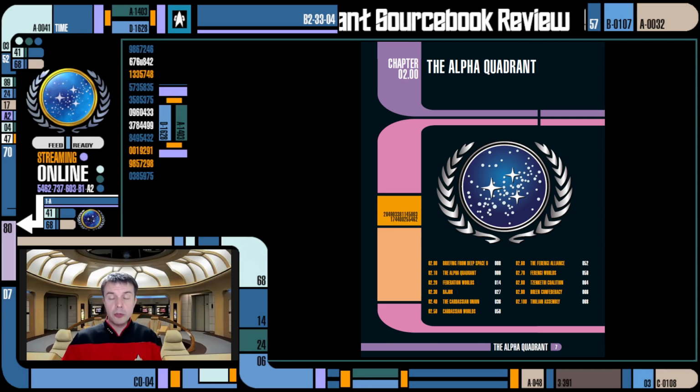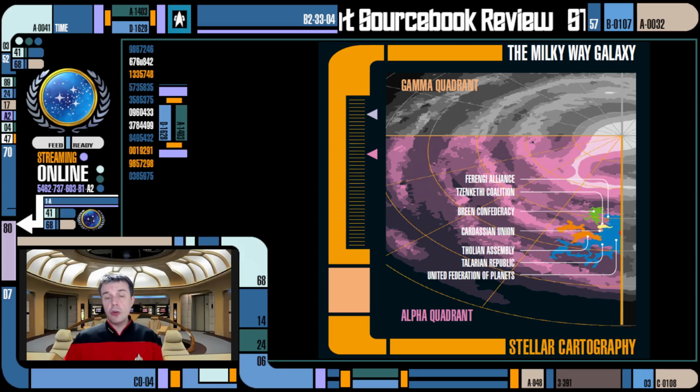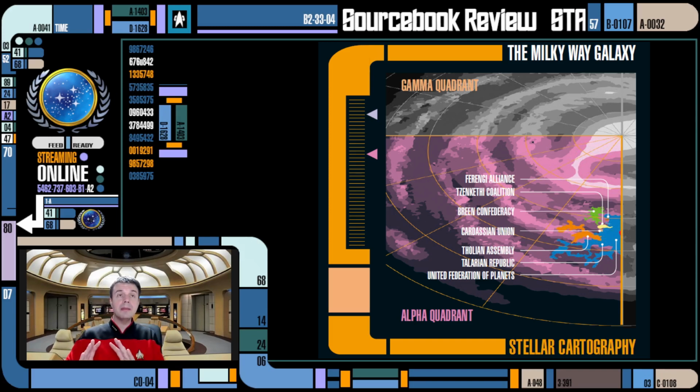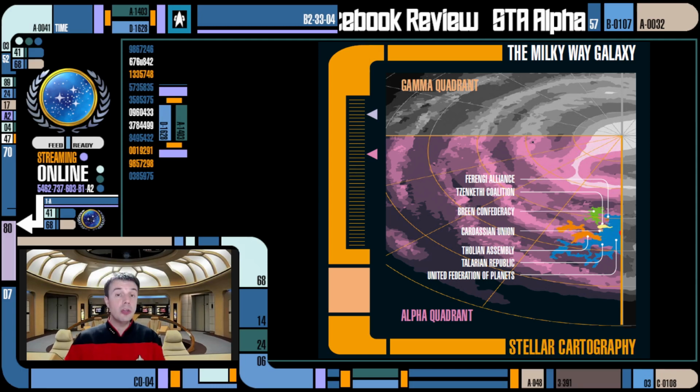So looking at Chapter 2, Chapter 2 is the Alpha Quadrant chapter. This is going to go through the history and the surrounding events that concern everything following the discovery of the Bajoran wormhole at the beginning of Deep Space Nine, the Klingons' withdrawal from the Khitomer Accords, details on the Dominion as they are appearing at this time, and what we know at the time with the Founders, the Vorta, the Jem'Hadar, and so on.